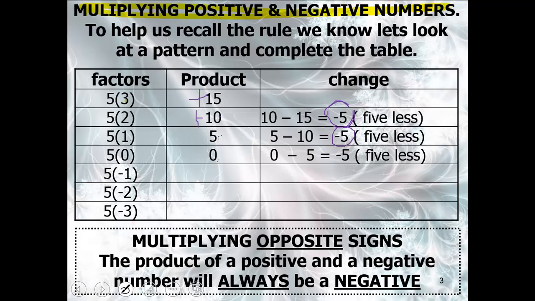Well, if we were to follow the same pattern, if we subtract 5 from 0, this answer is going to be negative 5.